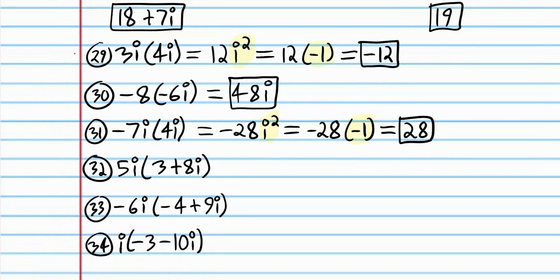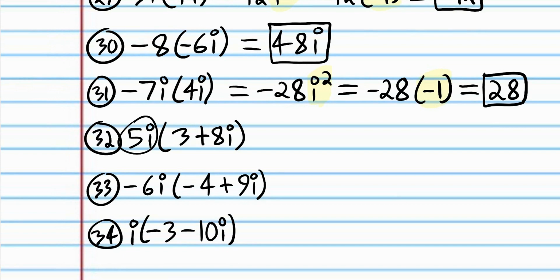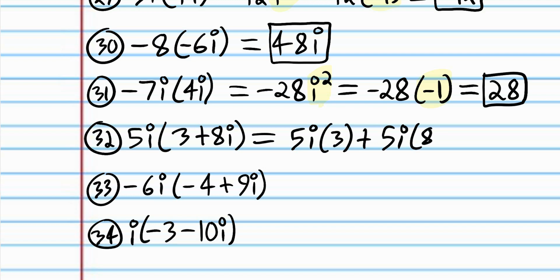Okay, so now we're going to use distribution. We're going to multiply this imaginary number by the complex number. So 5i times 3. Remember, this is distribution. 5i times 3 and 5i times 8i. 5i times 3 is 15i. I'm going to show this. 5i times 3 plus 5i times 8i.